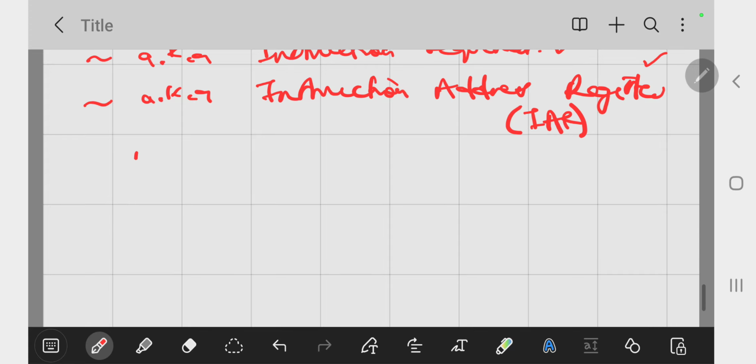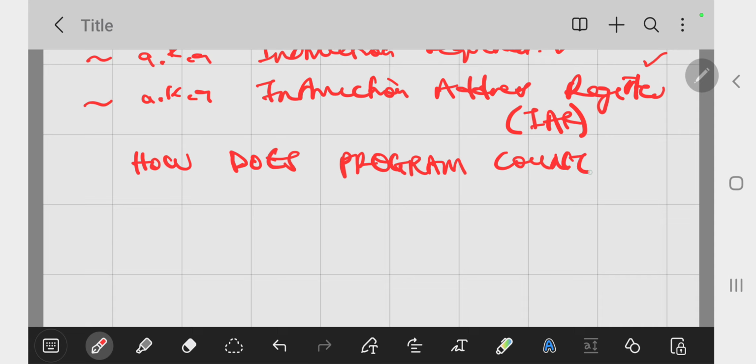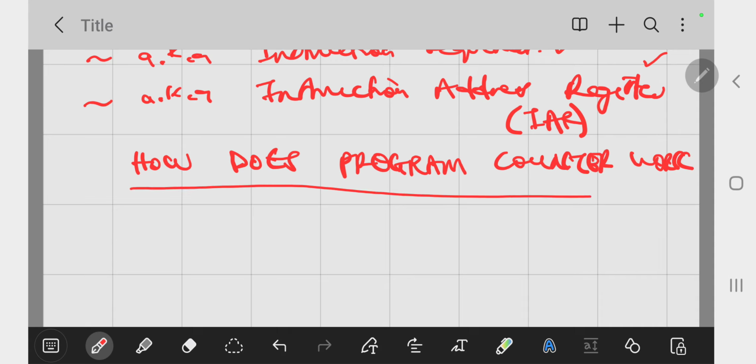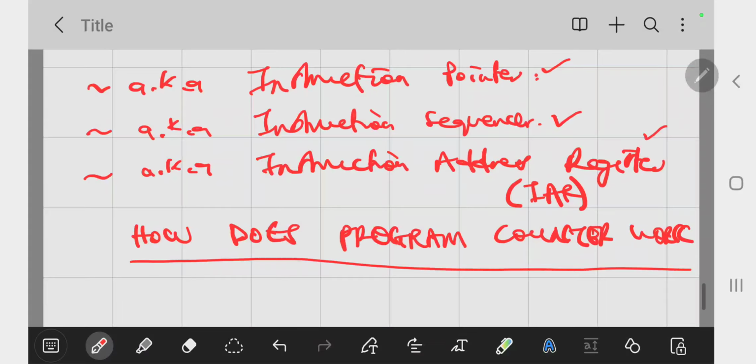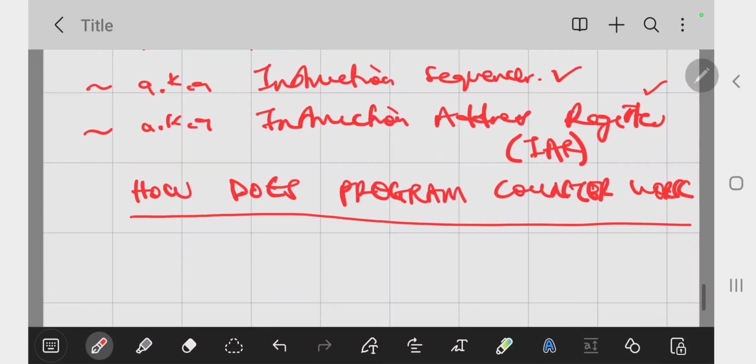So now our next subheading is to understand how it works. How does the program counter work? Remember, we have said the program counter is of importance to us, and it is going to be of great importance for us to understand how it works.